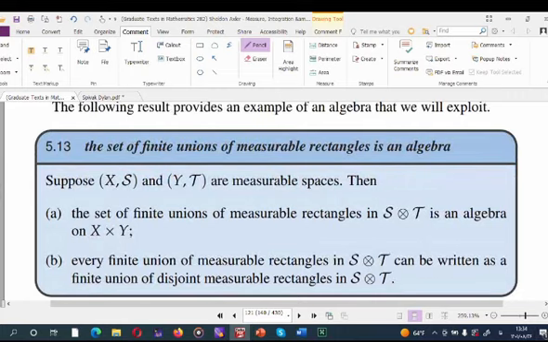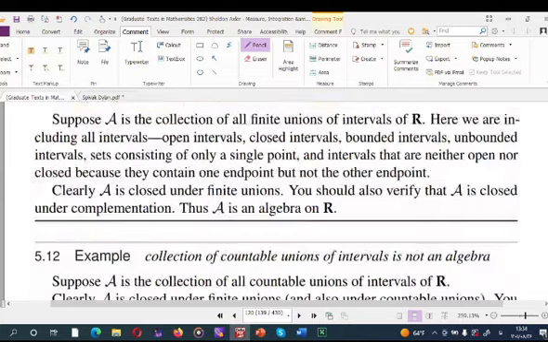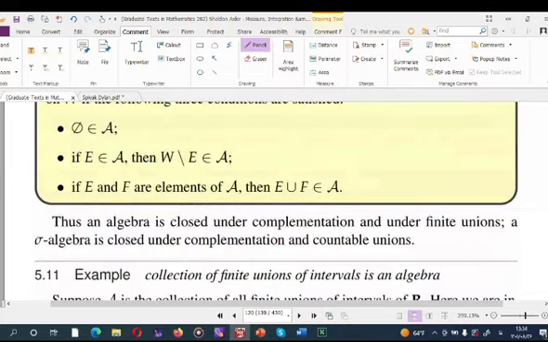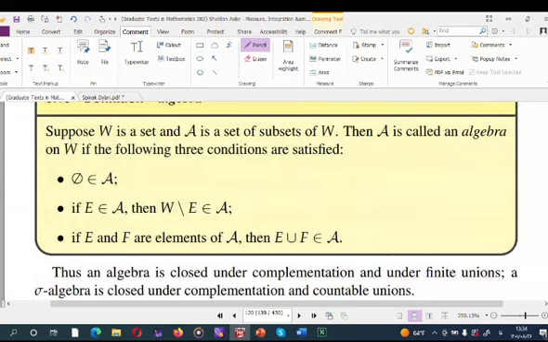We read this proposition for you. The set of finite unions of measurable rectangles is an algebra. We saw the definition of algebra in the previous session. R is called an algebra if R has these three properties.